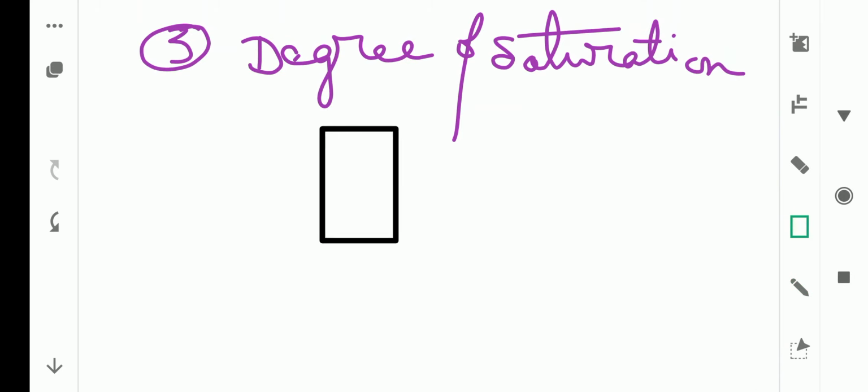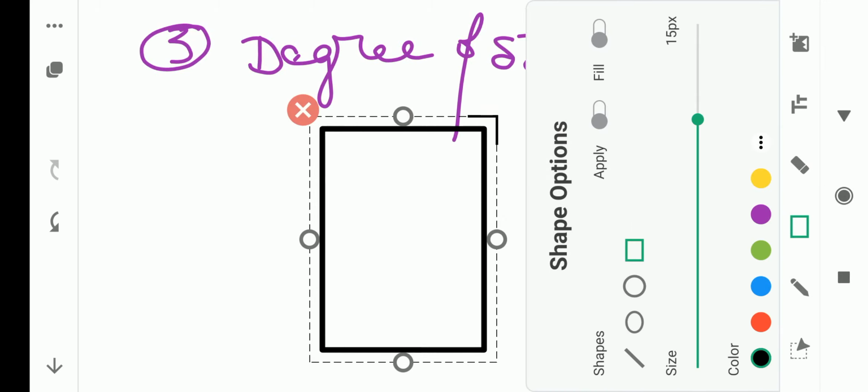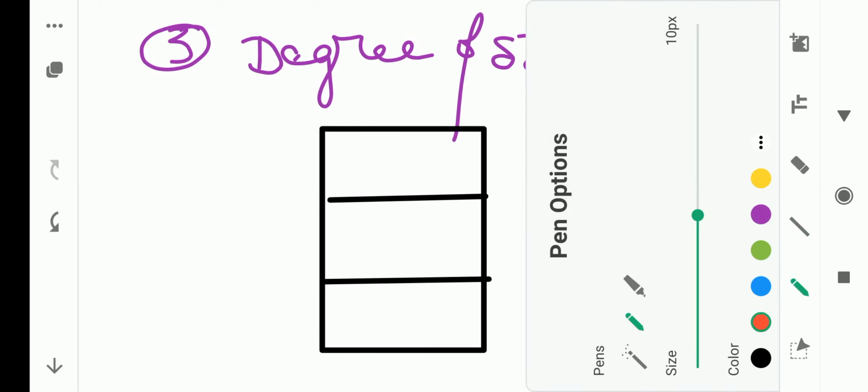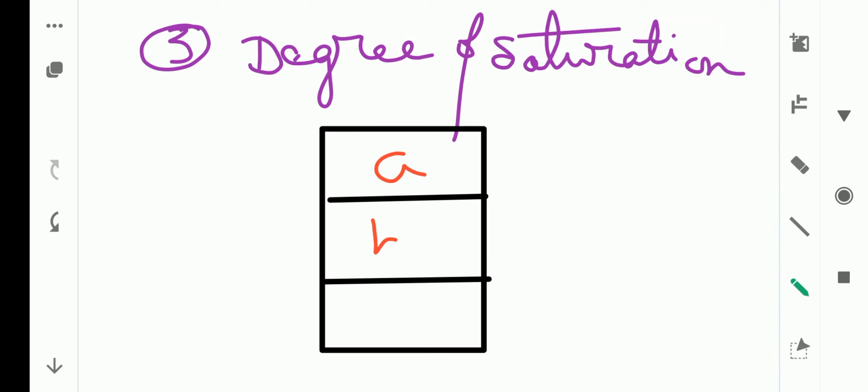See, this is your figure, right? And you know it very well that this is air, water and solids.